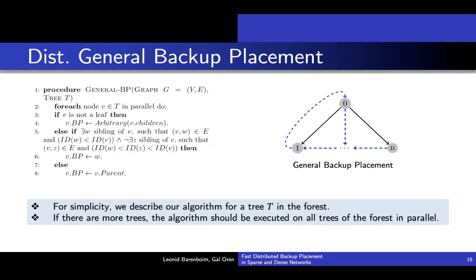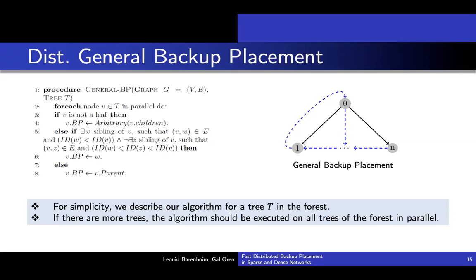For simplicity, we describe our algorithm for a tree T in the forest. Obviously, if there are more trees, the algorithm should be executed on all trees of the forest in parallel, while each vertex is aware only of the execution in the tree T it belongs to. So it goes like that. Each non-leaf vertex in T selects one of its children arbitrarily.